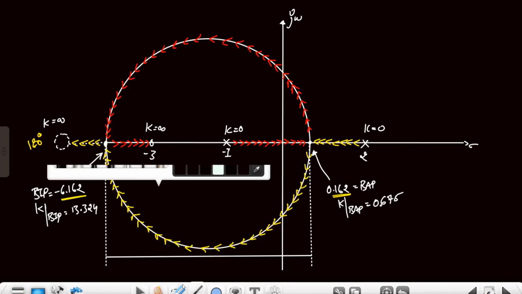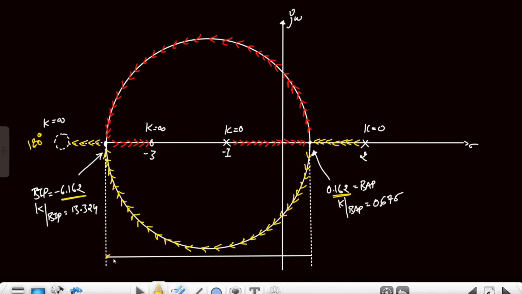This is the diameter, which equals 0.162 and minus and again minus, so it will be plus 6.162, and this value is coming as 6.324. So this is the diameter.